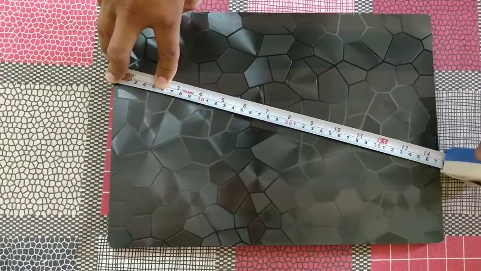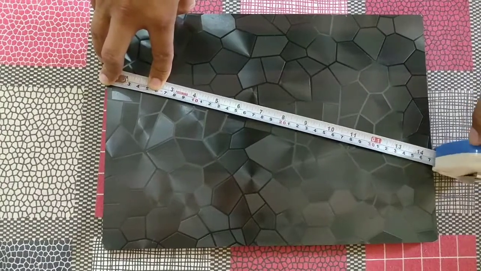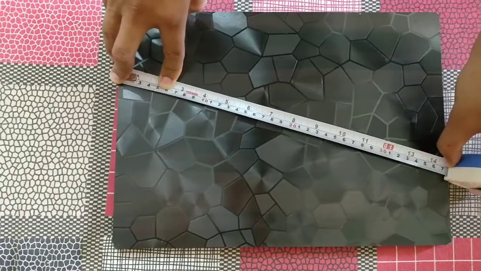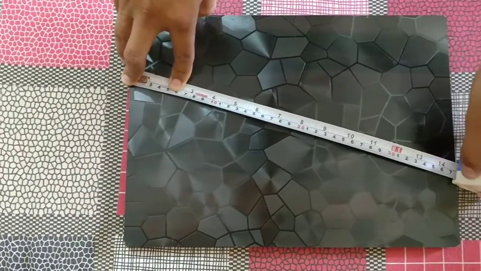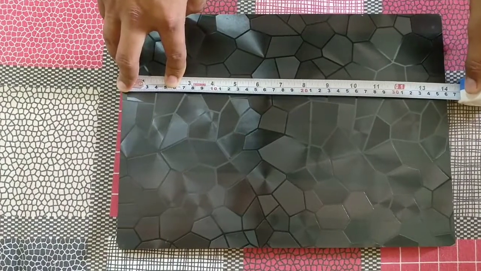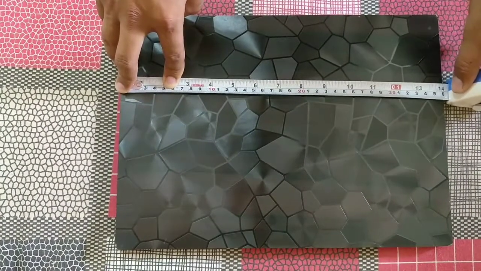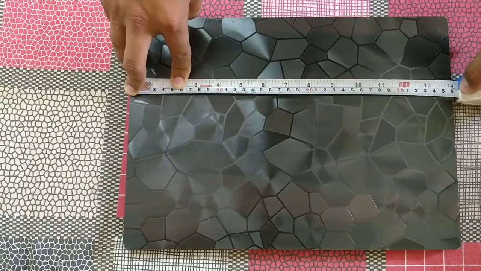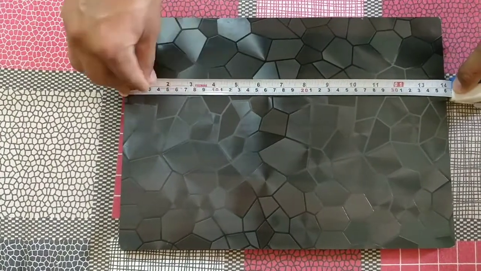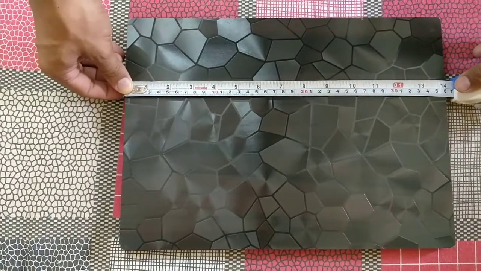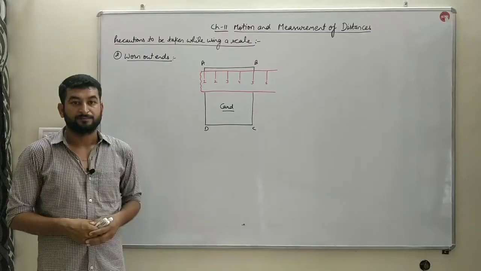Now bache, if you look carefully, I have tilted this length. Now what reading is coming here? 37 approximately. So this length varies if I place the scale in a different position, but if I place it straight, then only I get the accurate measurement. So a scale must be placed along the length of the object to be measured.